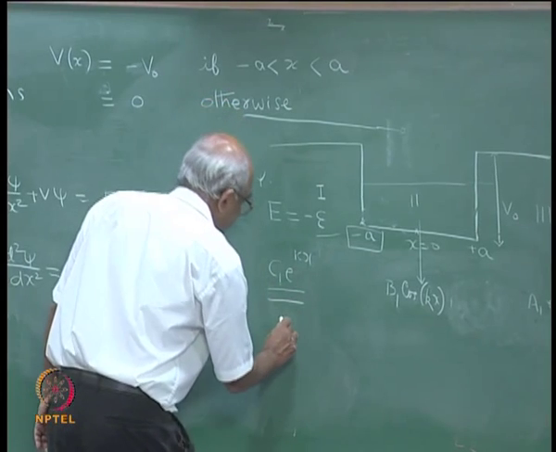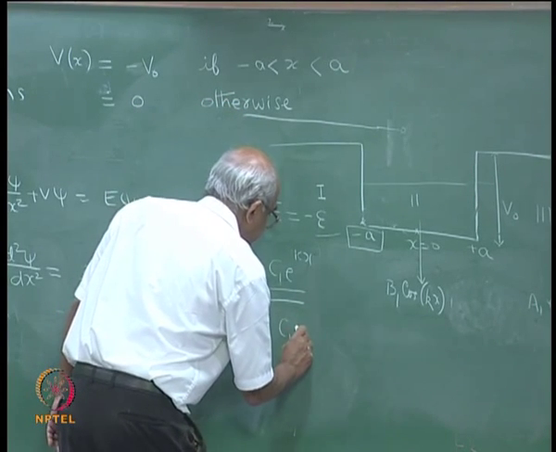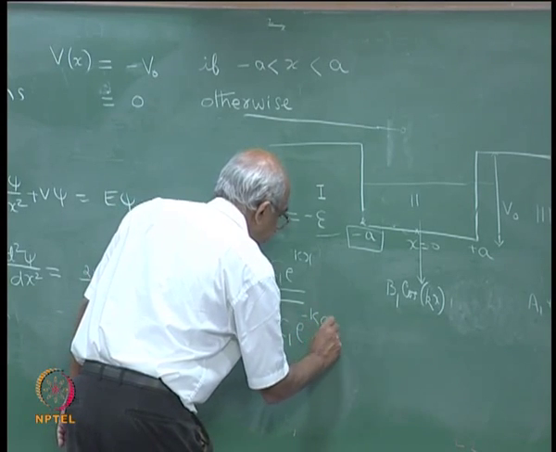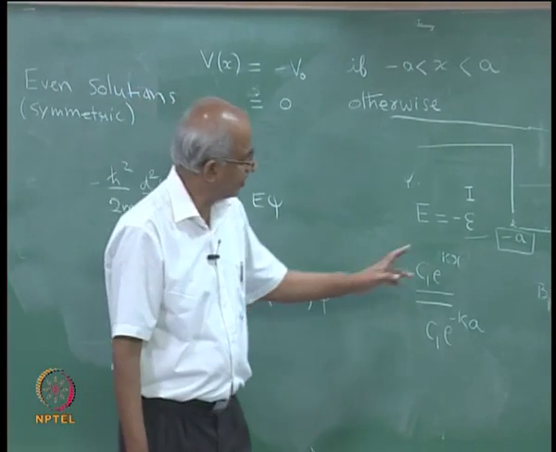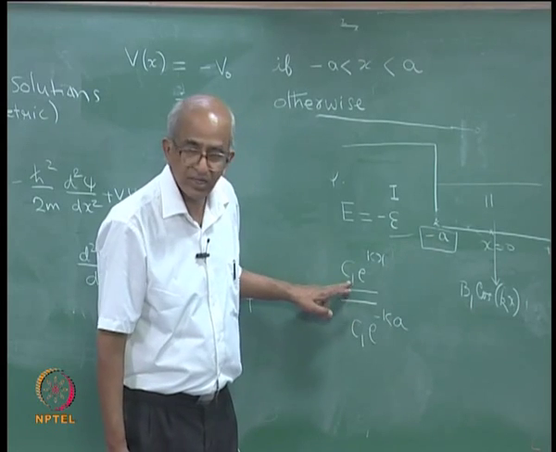So, what is the thing that I am going to have? In here I will put x is equal to minus a. So the answer will be C1 e to the power of minus kappa a. That is the value of the wave function at minus a evaluated using this expression.